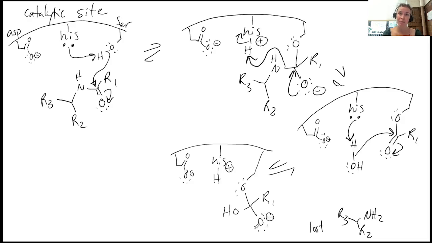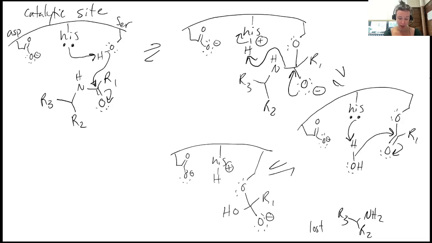If we collapse the tetrahedral intermediate back down, we can kind of see a path forward now where we can break the covalent bond between our catalytic serine and our substrate. And that would allow us to have finished the mechanism because we've cleaved the peptide bond, we've now performed a hydrolysis with water. Now we just have to regenerate our catalyst enzyme, catalytic site.